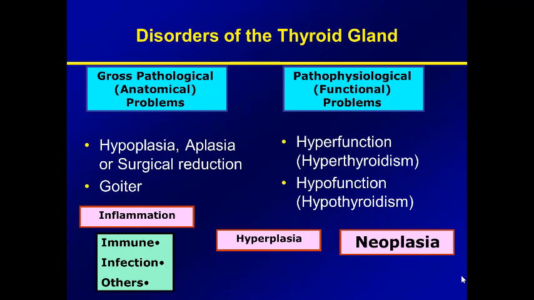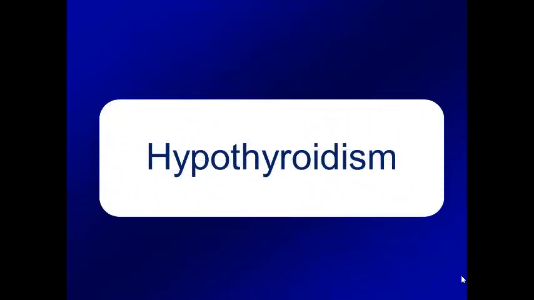The third aspect here is the underlying cause. It is inflammatory or immune or infection. So you must think of the thyroid in three main aspects: function, anatomy, and the underlying cause, immunity and inflammation. We need here to discuss with you hypothyroidism.